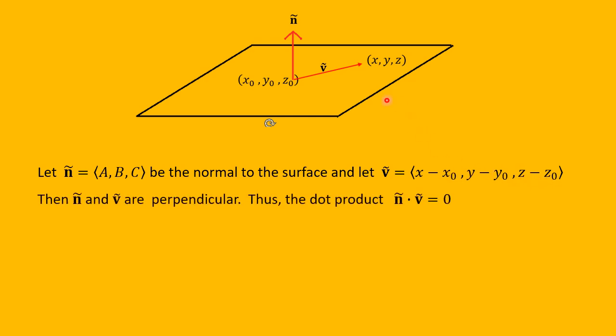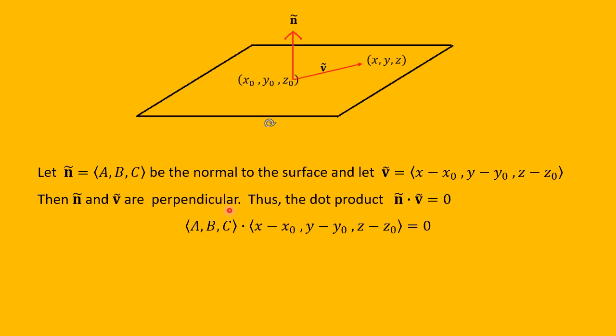In that case, the vector n and this vector v are perpendicular. And that tells us that the dot product of those two perpendicular vectors has to be 0. So what does that mean? It means the vector n, which has components a, b, c, times the vector v, which is this stuff, equals 0. Now let's remember how we take the dot product of two vectors.